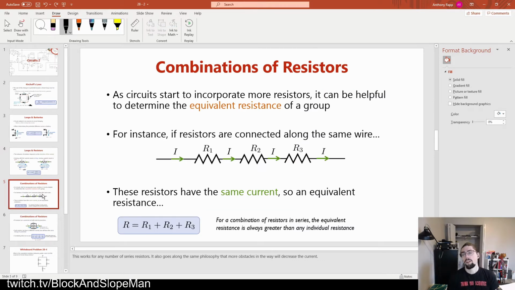If we were to put a bunch of resistors in series, so sequentially one after the other, all along one wire, one path, then we could equivalently say that we have one resistance because of all of those resistors, the equivalent resistance, and that equivalent resistance would be equal to the sum of each resistor.